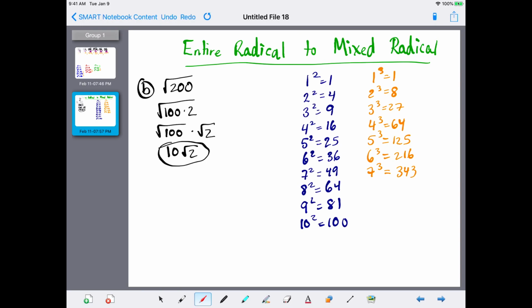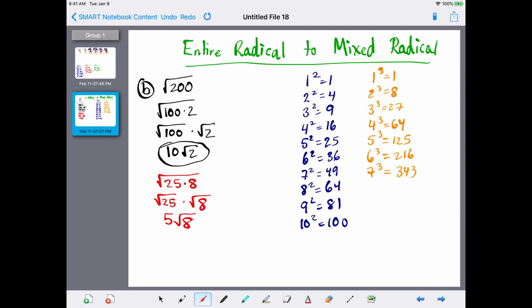So alternatively, we could have chosen 25 times 8, right? So 25 times 8 is also equal to 200, and 25 is a perfect square. So we could have then broken it up like this, and then we would have 5 root 8.